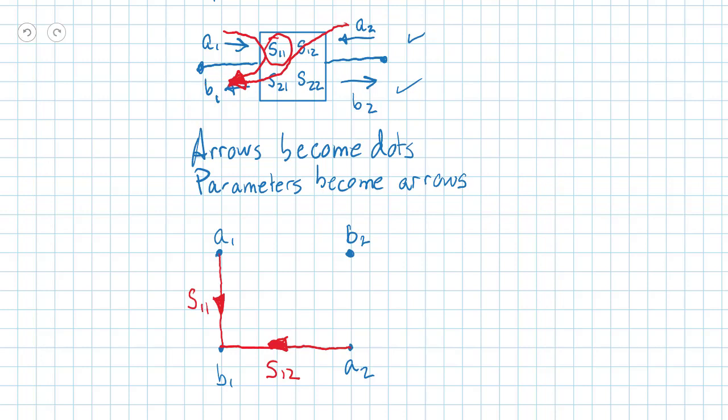Now let's do the same thing for port 2. So on port 2, for the wave coming out at B2, we have possibly the reflection of the A2 wave, and that factor is going to be S22. So A2 will come out as a B2 wave.